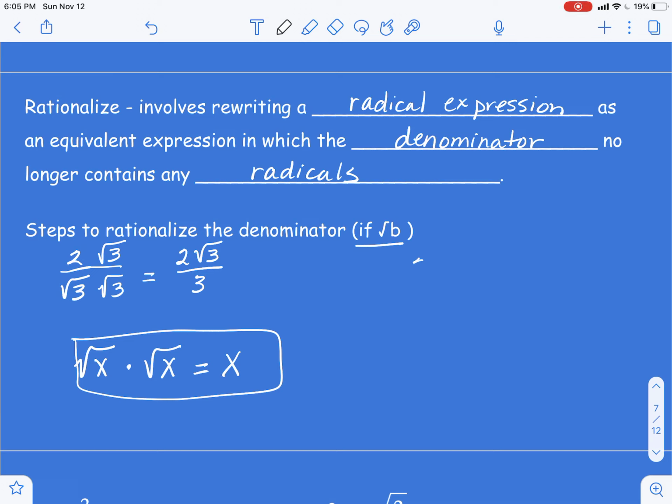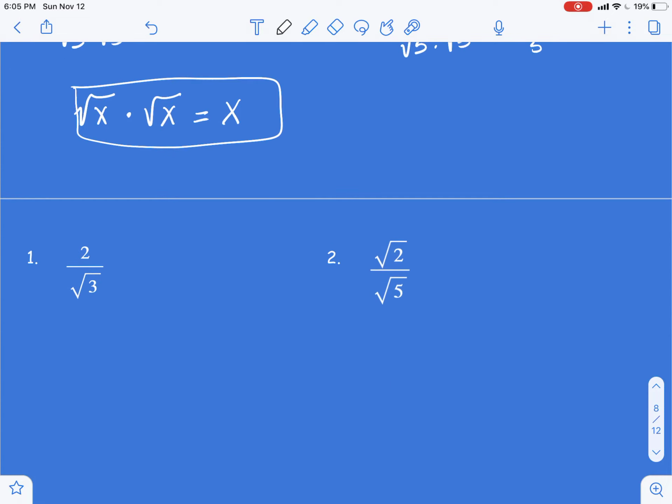If I have 3 over, let's say, the square root of 5, okay? Then I take the square root of 5, numerator and denominator, and I get 3 square root of 5 over 5. Okay? Pretty quick.